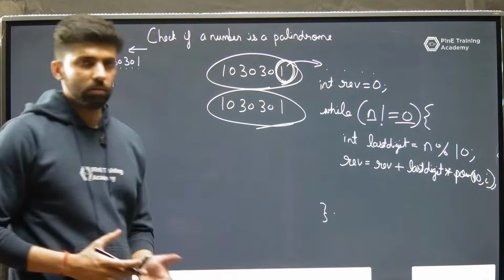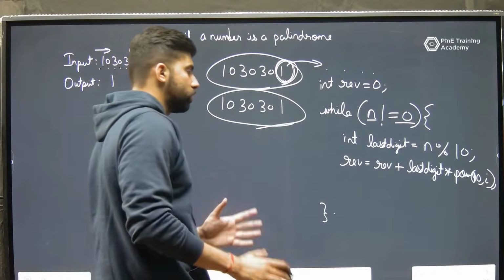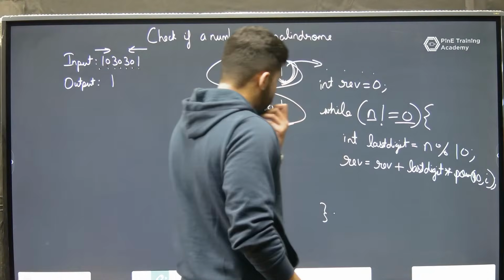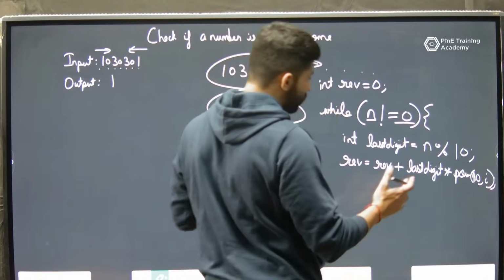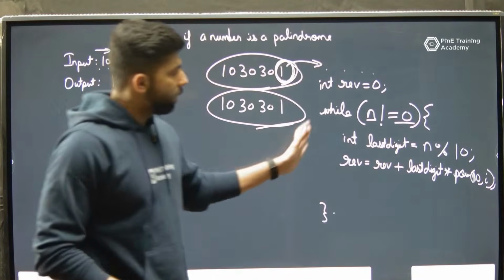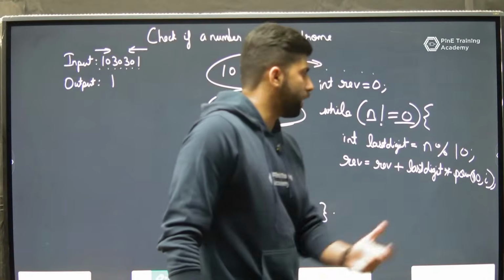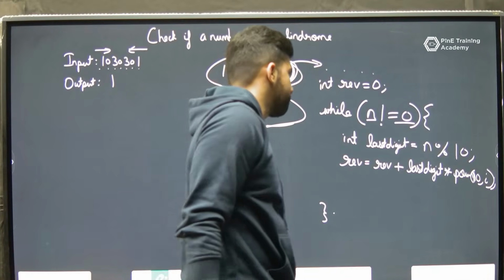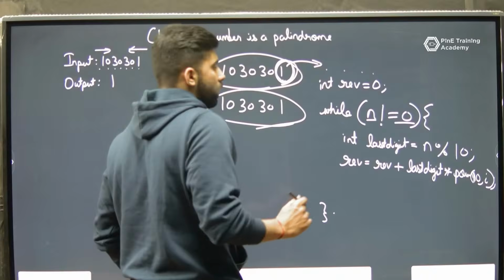So exact same code, nothing changes in this case, right? So what we are doing is we are just calculating the last digit, and on the basis of that we are just doing power of 10 of i.